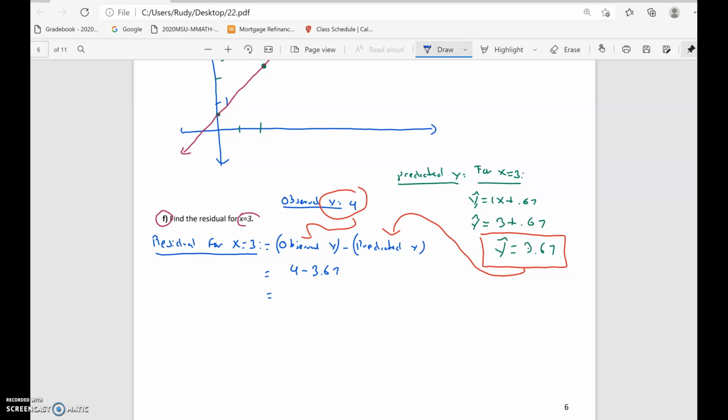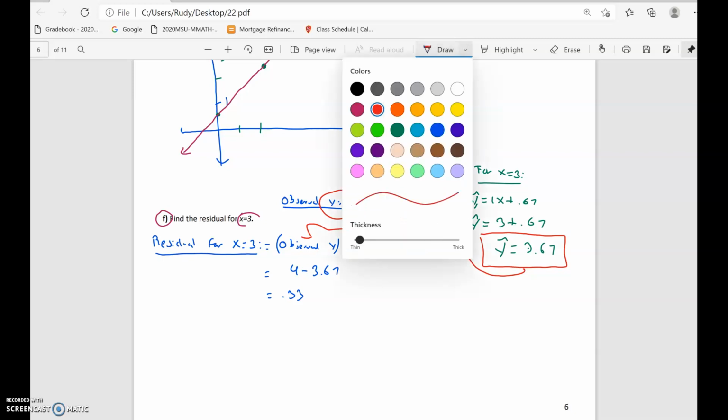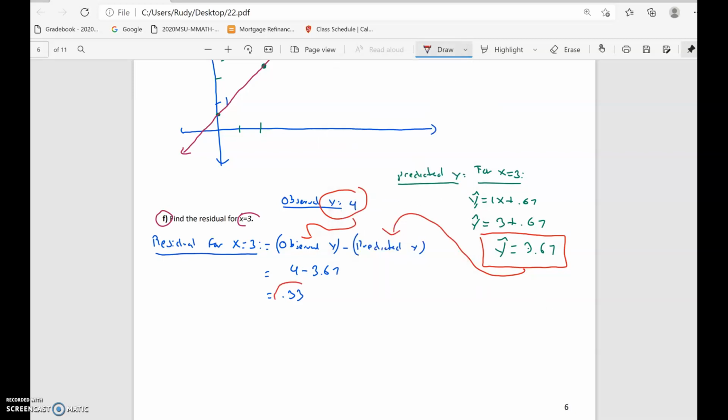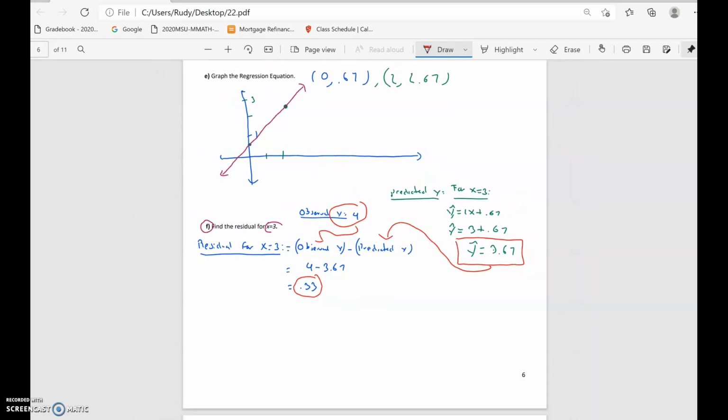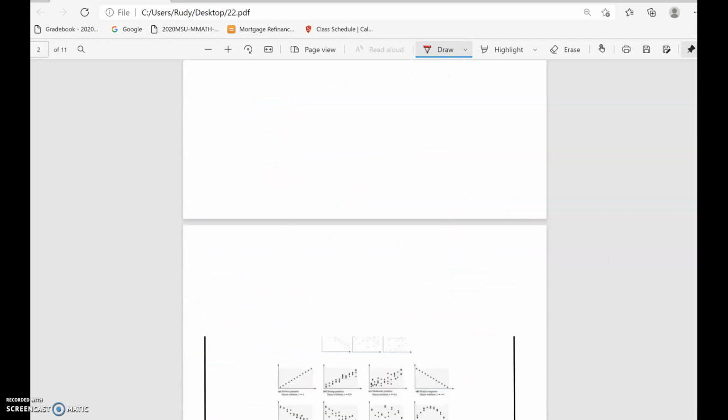Please evaluate that. I'm getting 0.33, which means that there is a distance of 0.33 from a given coordinate point to the y hat. So the y hat is your predicted line.